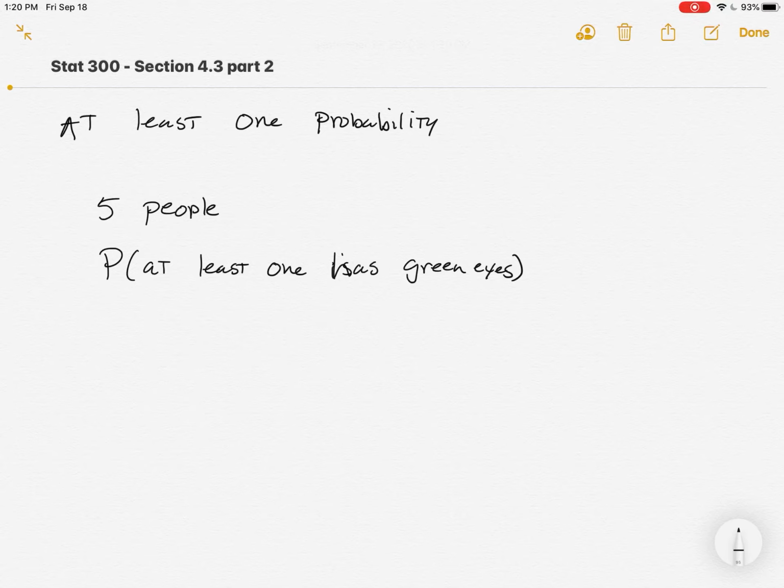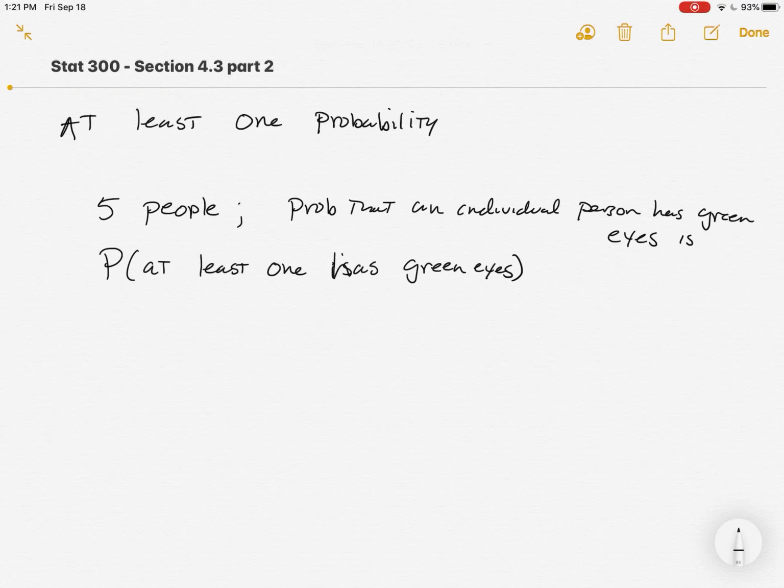Okay. So maybe they tell us, hey, we have 5 people, and the probability that an individual person has green eyes is 0.02. Okay, it's going to be low.